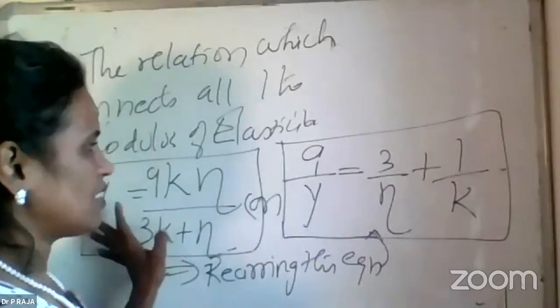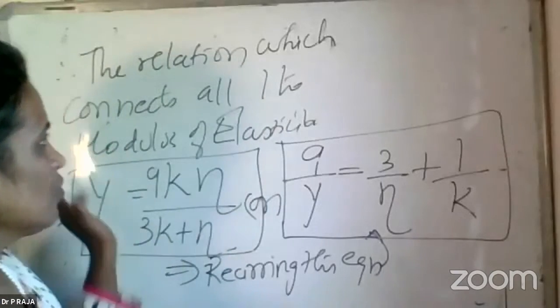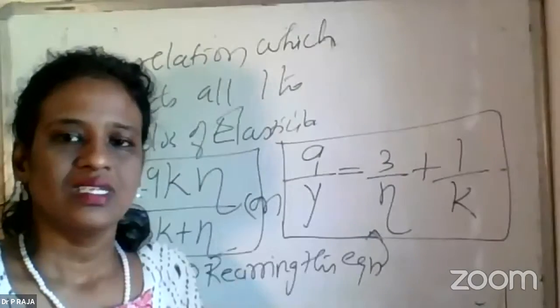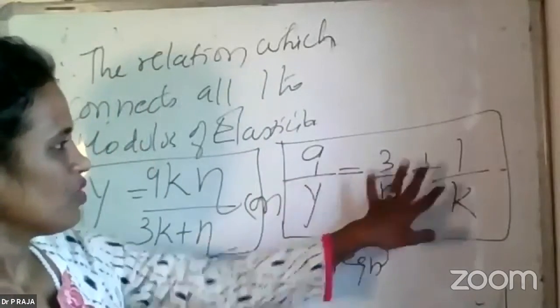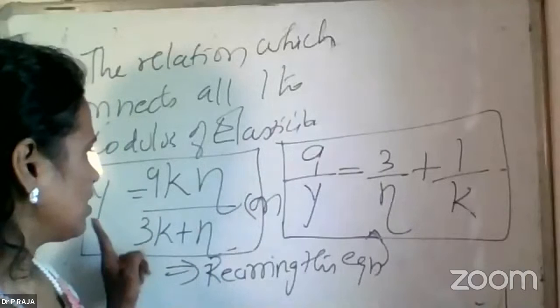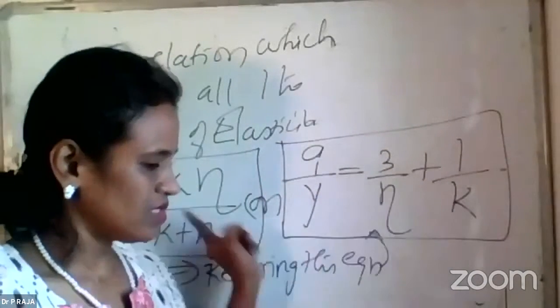Just the rearrangement, you will get this equation. Hope you are clear with this. This is a relationship which connects all the 3 moduli of elasticity, the Young's modulus, bulk modulus, and the modulus of rigidity.